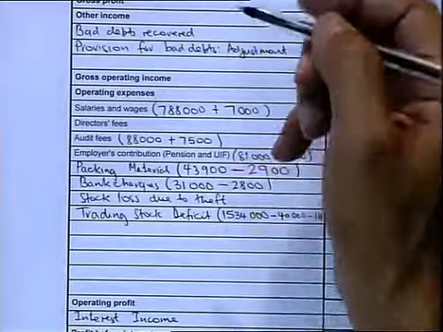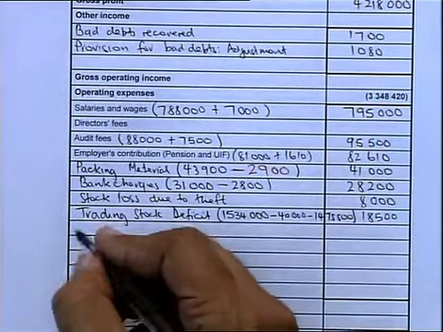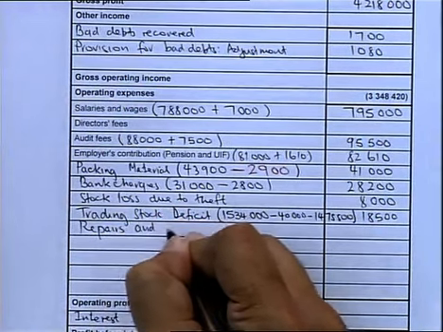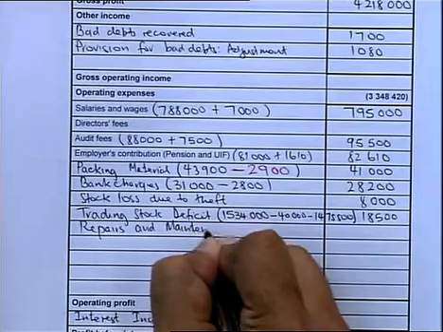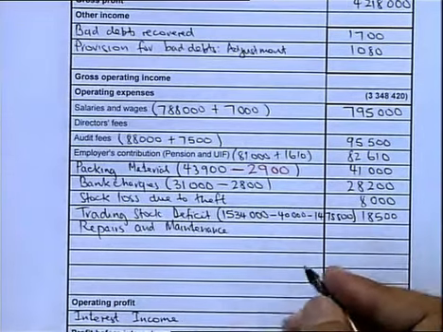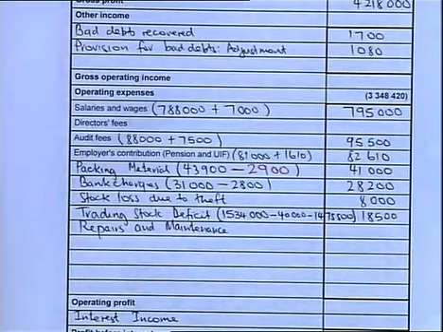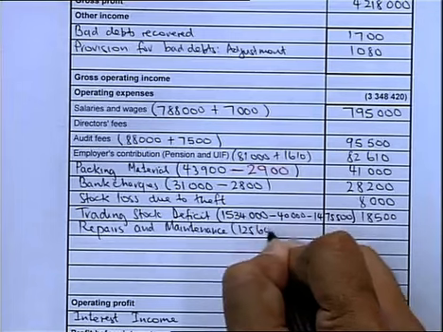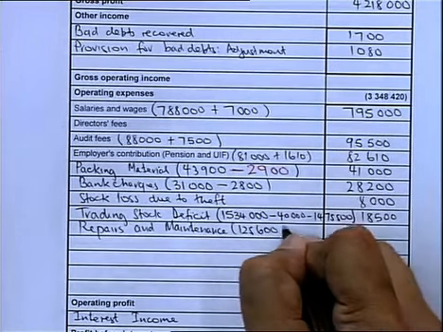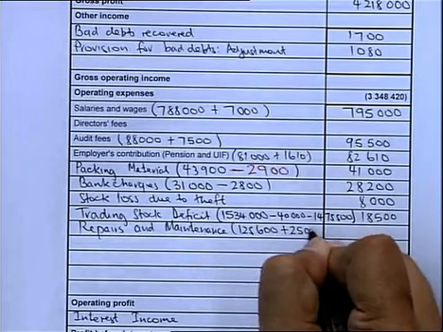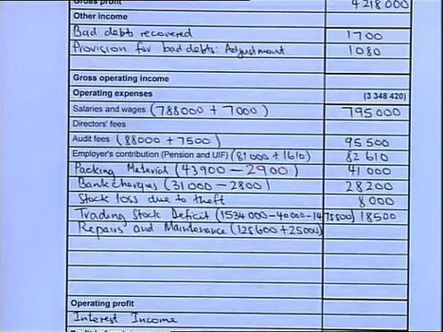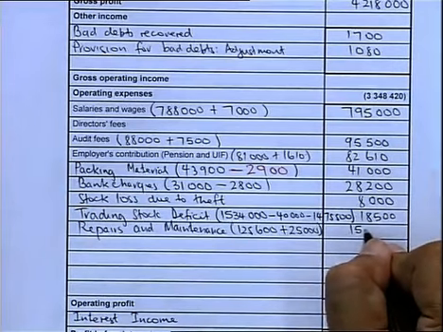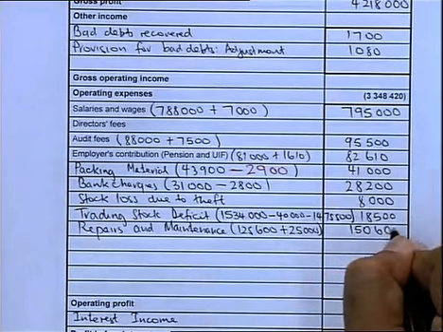So the line item that will affect the income statement will be repairs and maintenance. The trial balance figure for repairs and maintenance is 125,600. And we have to add the 25,000 that was added to the land and buildings by mistake, and that will give us 150,600.